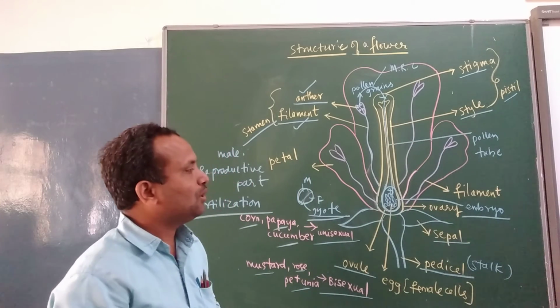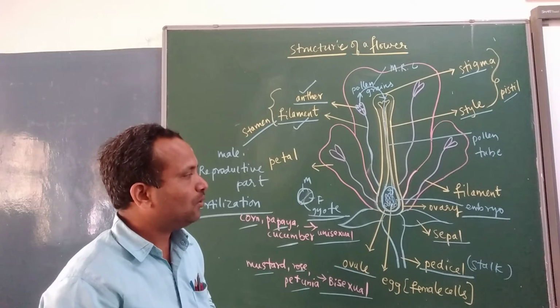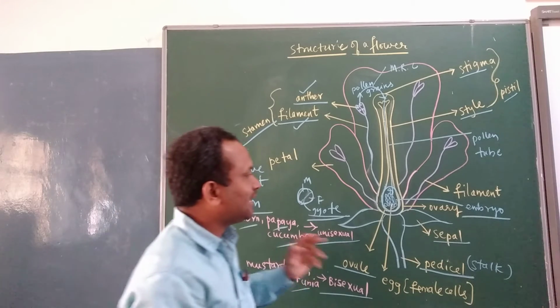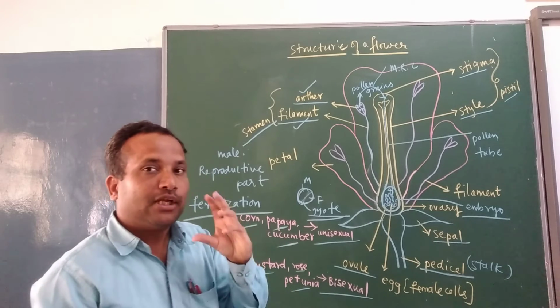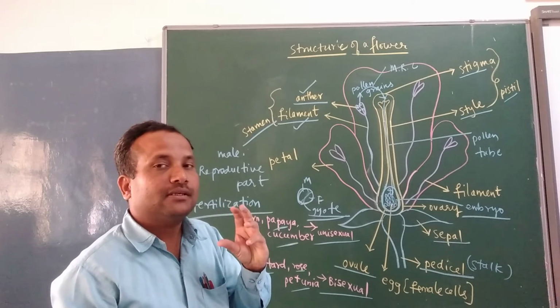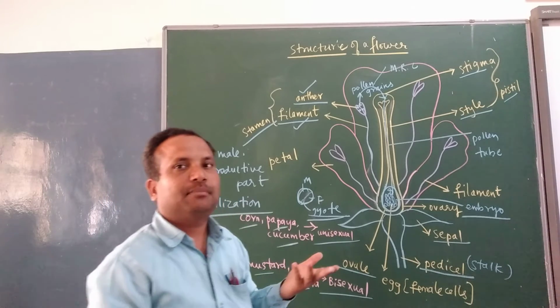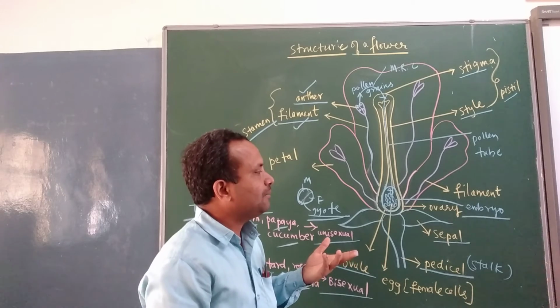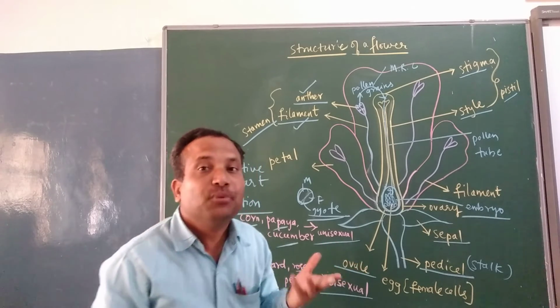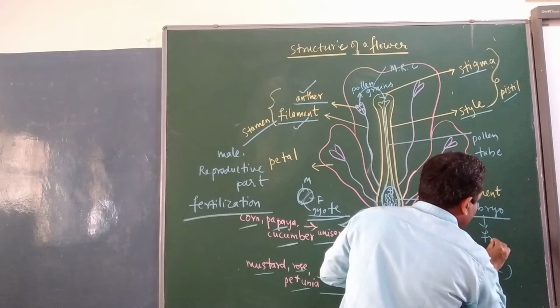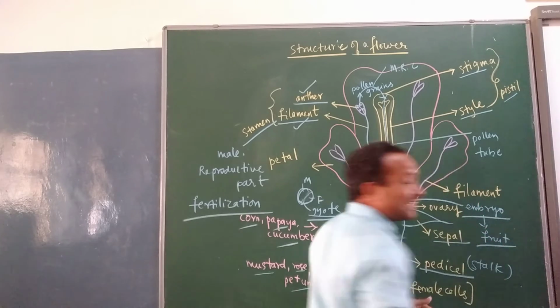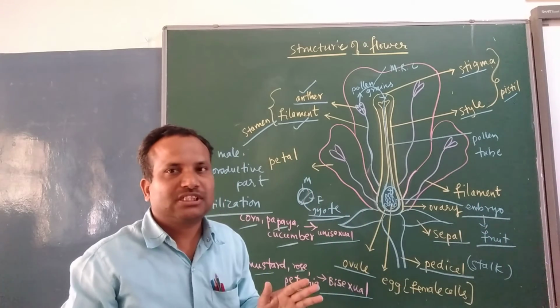So this embryo contains lots of small seeds, and it goes further. The embryo can further become a fruit which contains lots of seeds.